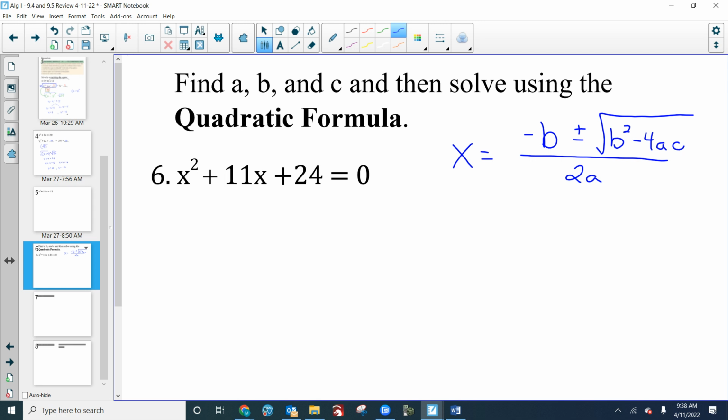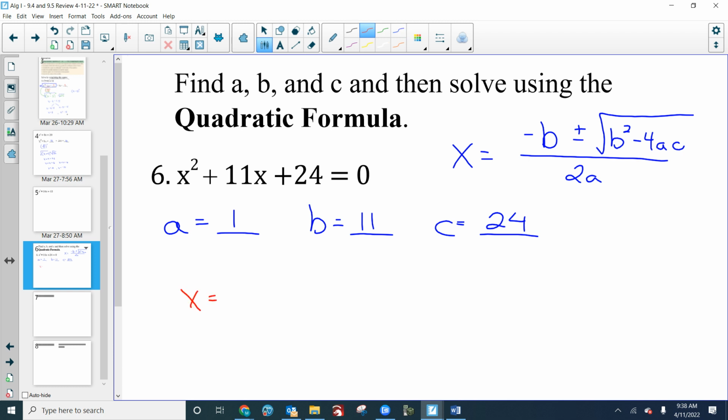All right, we have A, we have B, we have C, and then we have plugging them in correctly. What's A in this problem? What's B? 11. Yeah, take the sign with it. It's positive 11. What's C? 24. Good. So let's set it up and then it's calculator work.